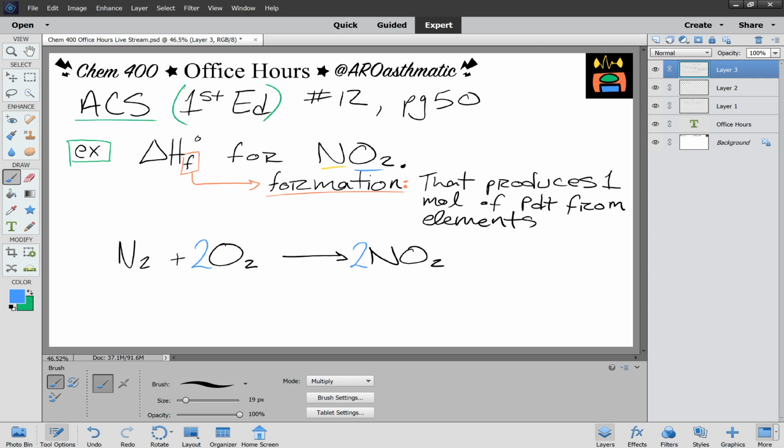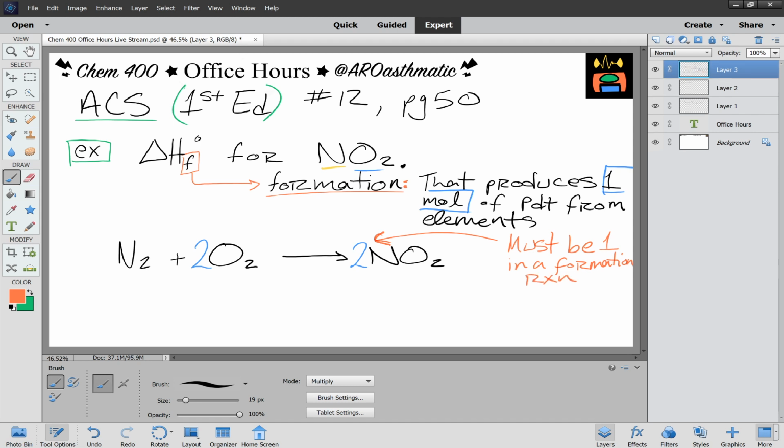However, the thing to pay attention to here is in the definition of formation reaction, it forms 1 mole of product. So this stoichiometric coefficient must be 1 in a formation reaction.